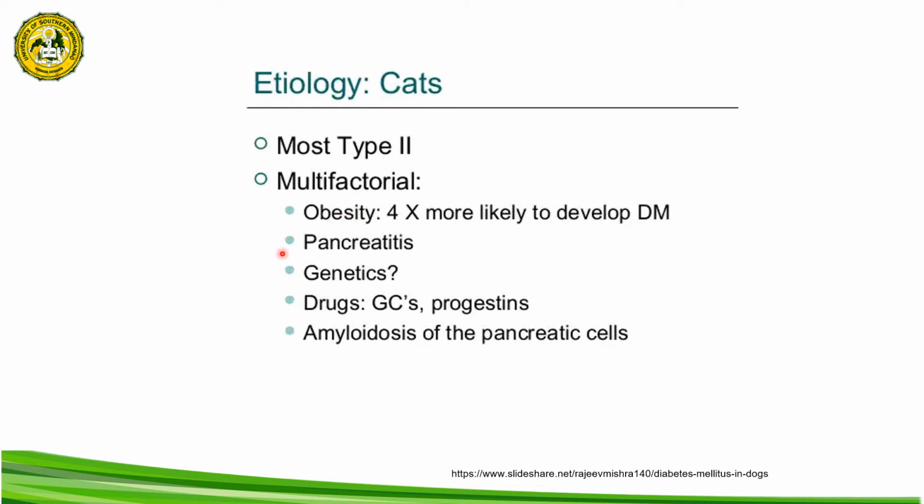Another is pancreatitis or the inflammation or the infection of the pancreas. Genetics. So there are some breeds that are more predisposed. We also have drugs, glucocorticoids or corticosteroid and progestin, such as melengestrol acetate. We also have the amyloidosis of the pancreatic cells.